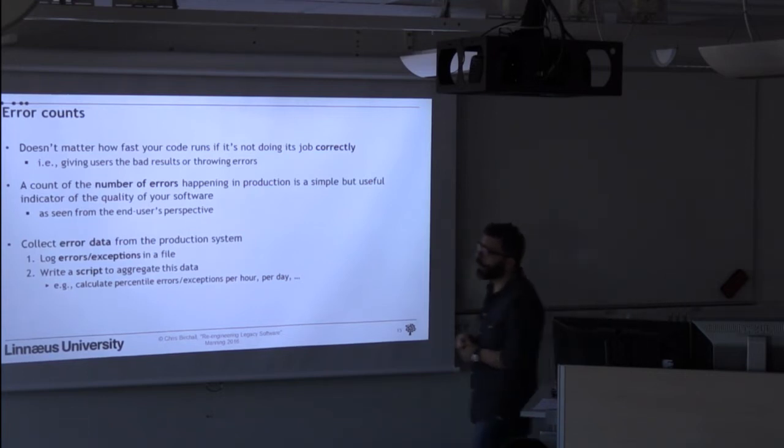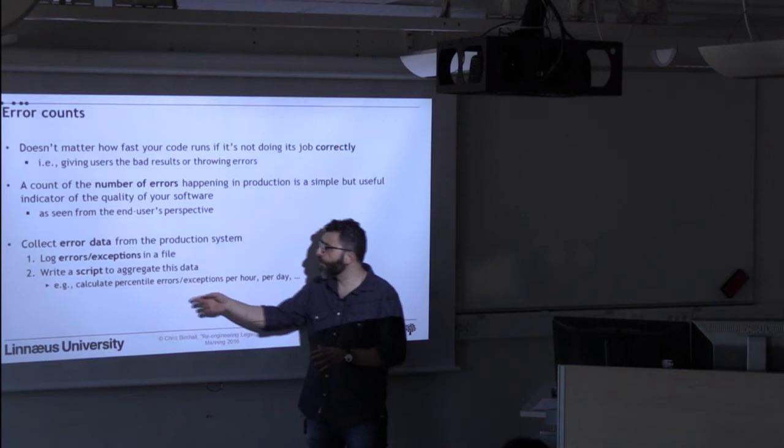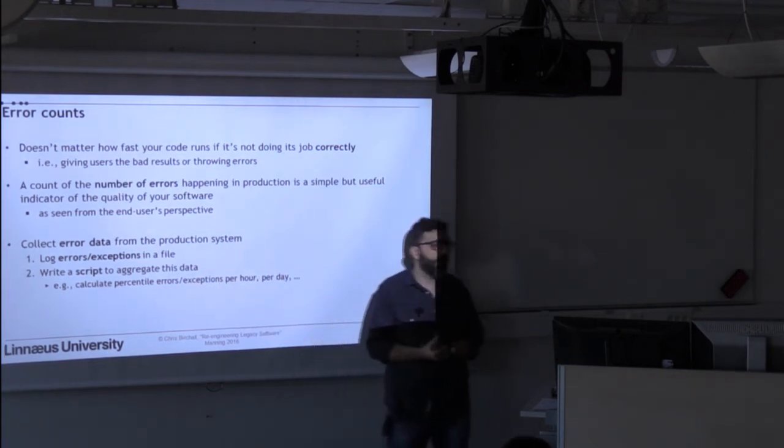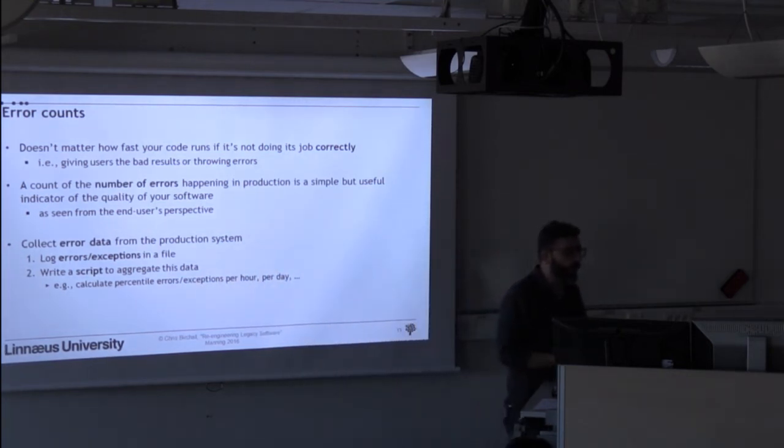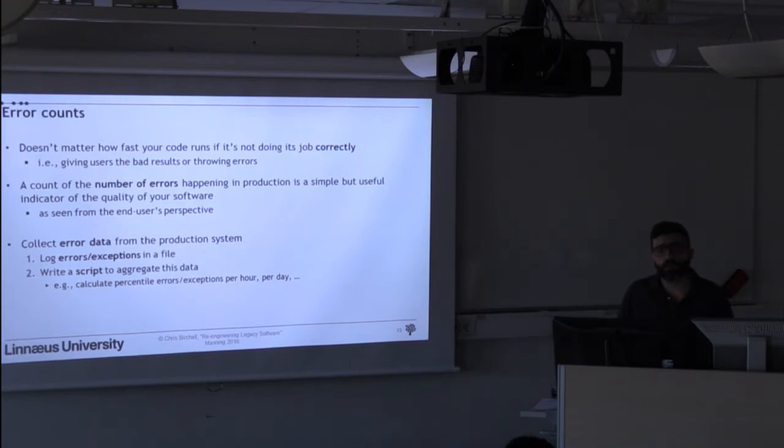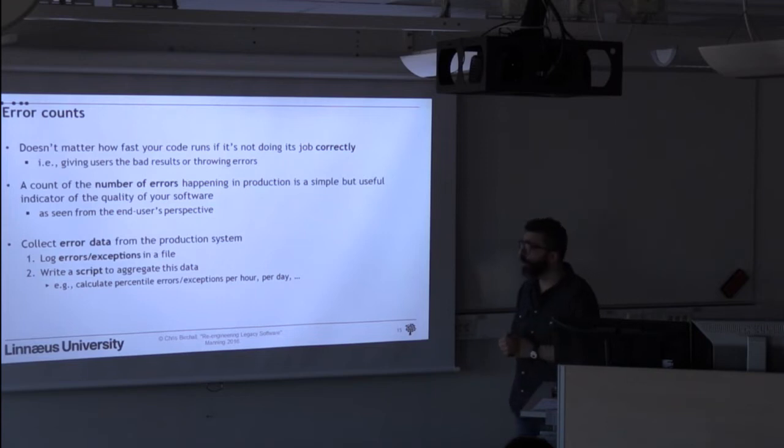For example, you can understand how many errors or exceptions you caught in 1 hour, 1 minute, 1 day, 1 year, and so on. It gives you an idea of how reliable the software we are producing is.